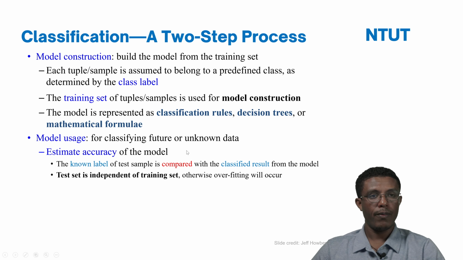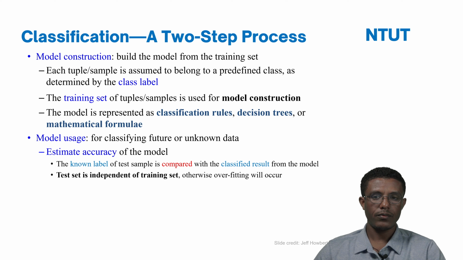Once we use it to classify future or unknown data, the next step is to estimate the accuracy of the model, because the model may not be perfect or good. Sometimes the model is not good or may have huge errors. So in order to adjust it, we should evaluate the performance. Accuracy is one of the performance measurement metrics to determine whether our model is good or not.